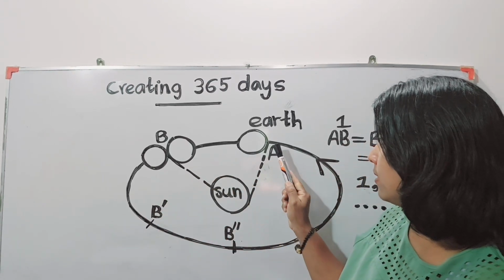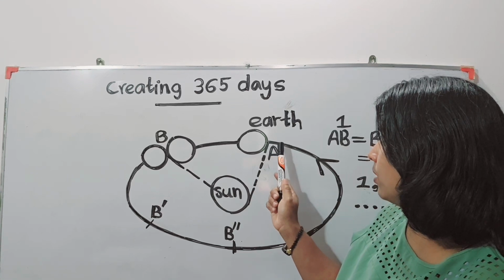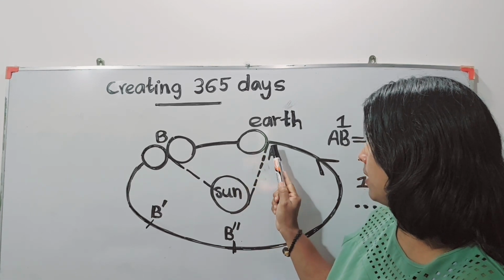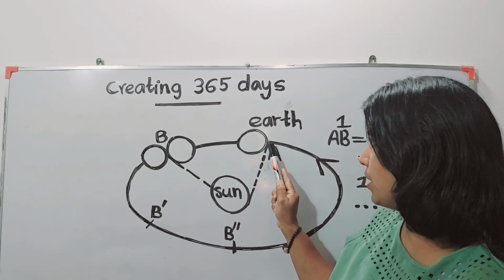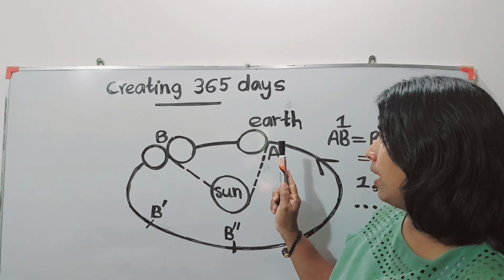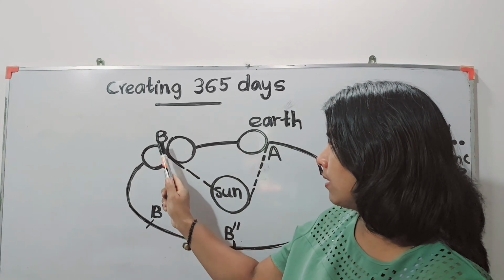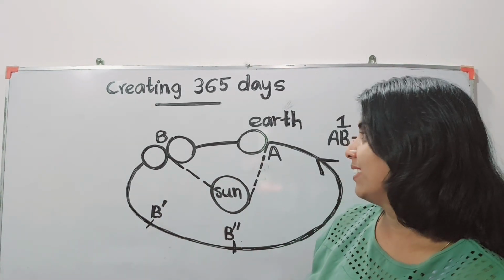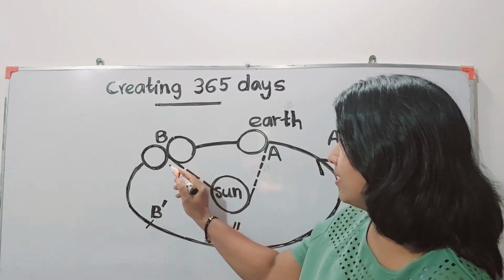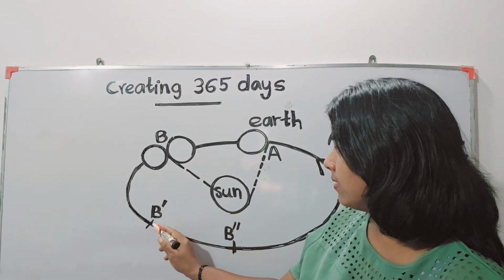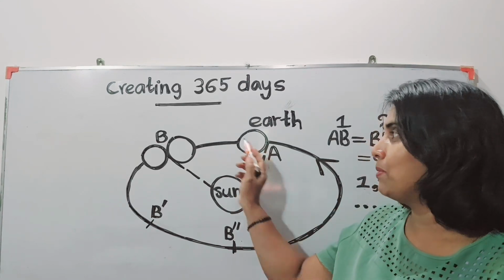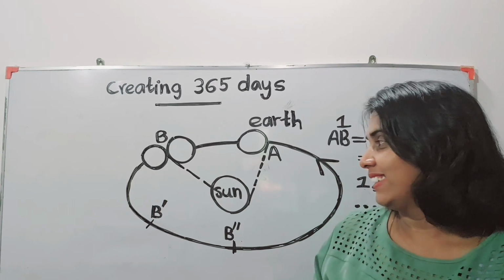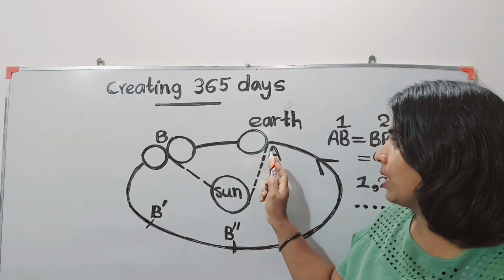That's because we think about the elliptical orbit. The sun rises from here when the earth is moving along the orbit. The sun rises here on the first day morning at point A, and on the second day morning the sun rises at point B. Then on the third day the sun rises at the next point on the elliptical orbit. But for Earth it's the same thing. So then we can say that this is the first day.